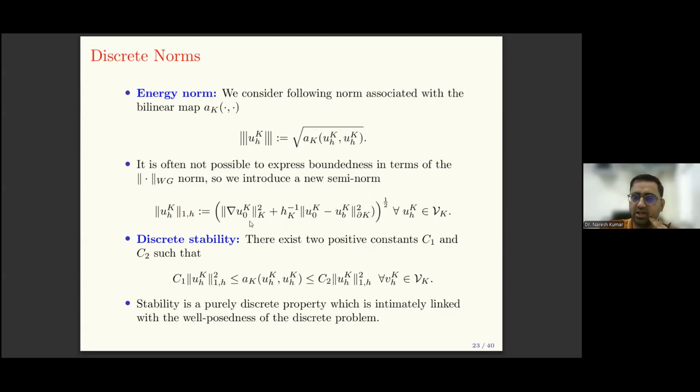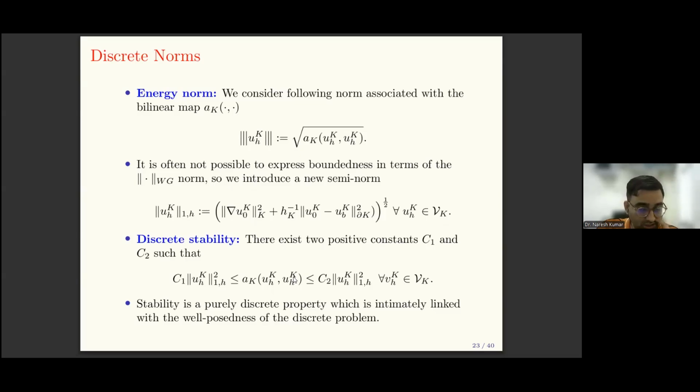So we define this notation for the semi-norm. So we have two norms defined on the space V_K. Okay, V_K is what? V_K is the global local Galerkin space. And then we can prove that these two norms are equivalent. Equivalent means the triple bar norm is less than or equal to this norm, and this norm is less than or equal to this norm.